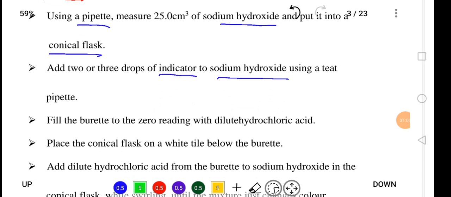You are going to use a dropper or pipette so that you can put the indicator into the conical flask containing sodium hydroxide.